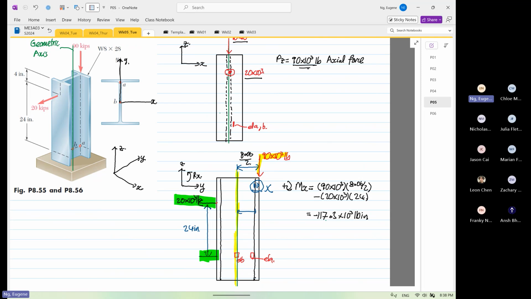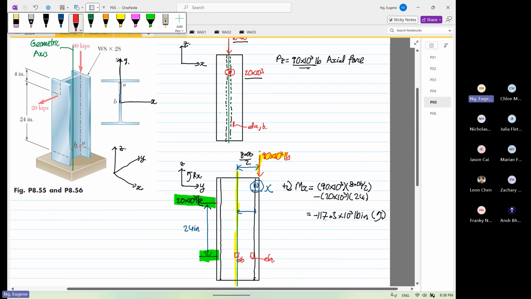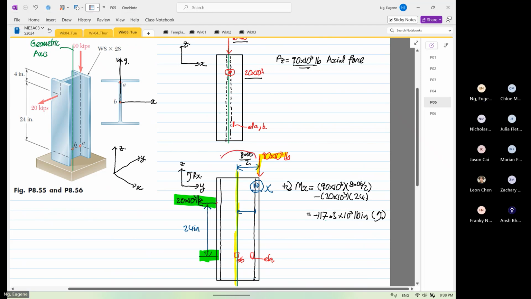I'm going to do it again, and it is equal to 117.3. The negative means that the direction is in the opposite direction. So immediately you write over here, this is your moment of X.